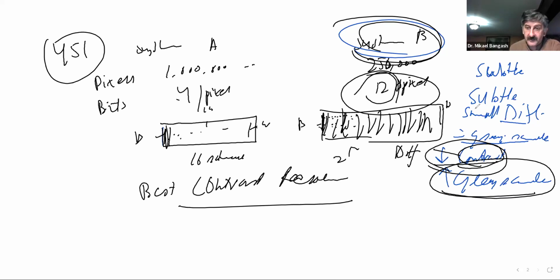And when that difference is subtle or small, that will mean less contrast. Less contrast means greater grayscale. Did you guys get that?